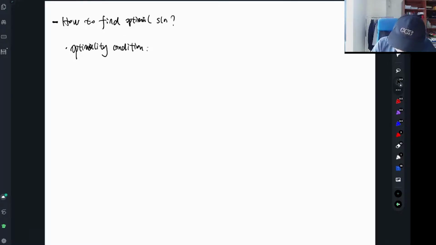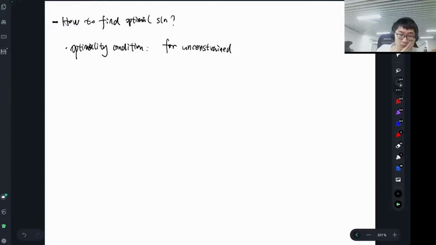I think most of you, even from an undergraduate calculus class, have learned optimality conditions for at least some simple cases, for example, for unconstrained problems.